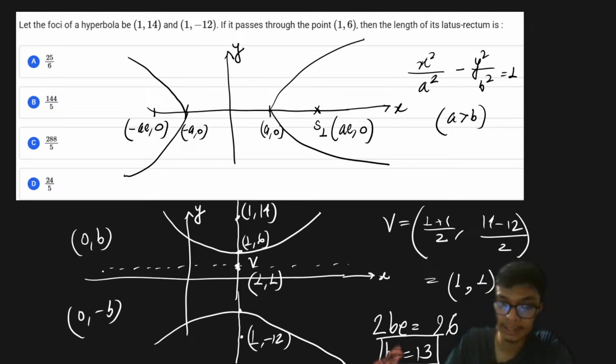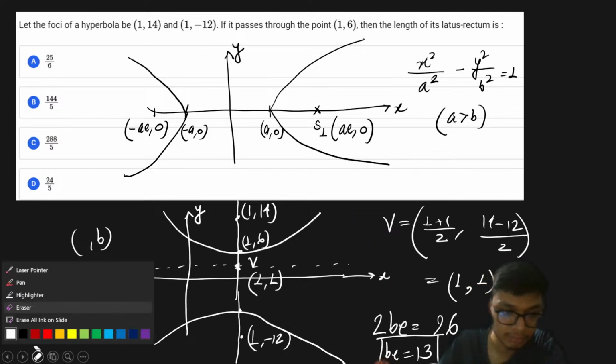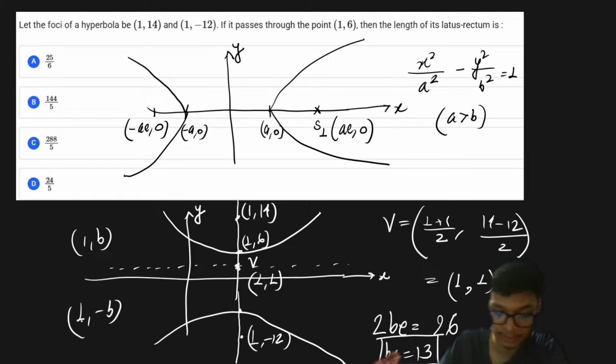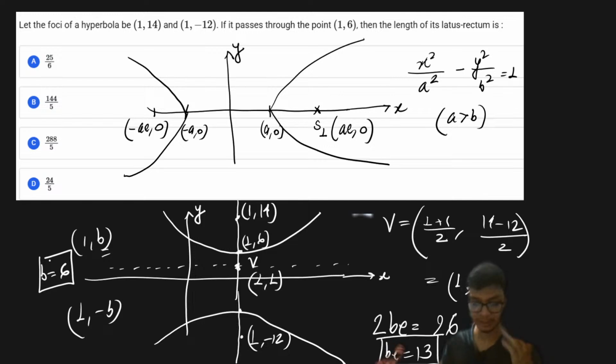Over here, since the hyperbola is shifted, the major axis is the line x equal to 1. So this particular point is going to be 1 and 1, right? And we have the information about this point b, so b is equal to 6.